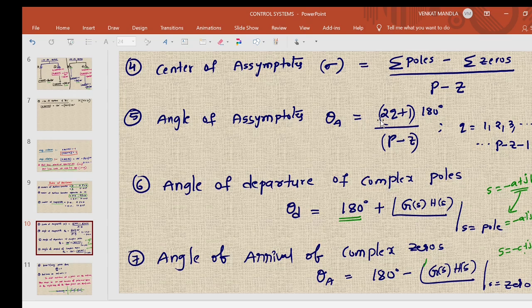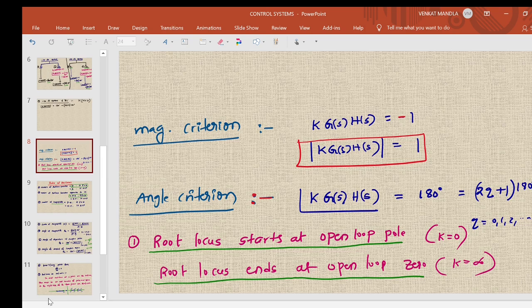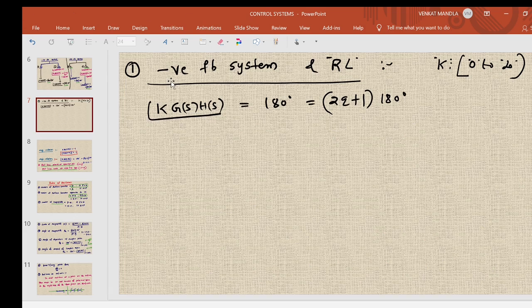Angle of asymptotes. Here we use the angle criterion. We have taken a negative feedback system, right? Here we have taken a negative feedback system and we are drawing a root locus. So for that we have the angle criterion as odd multiples of 180 degrees.